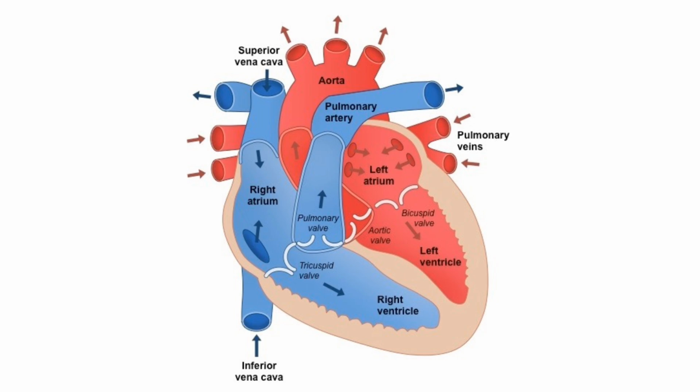And friends, the most important and interesting thing which I forgot to mention about the heart is that there is also a strong muscular wall in our heart which separates the right chambers from the left chambers, and that wall is known as the septum. Why does it separate the right and left chambers? Because in the right chambers there is deoxygenated blood, and in the left chambers there is oxygenated blood. So it keeps both types of blood separated and prevents them from mixing together.